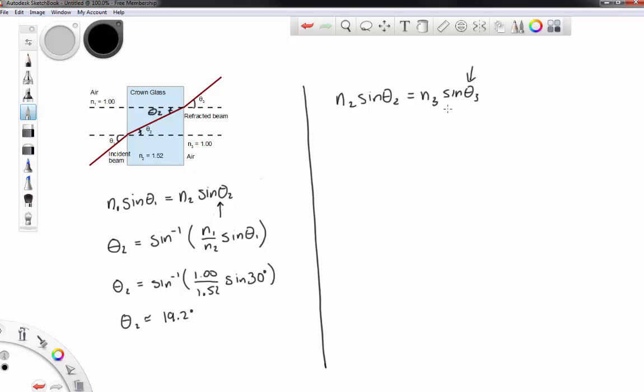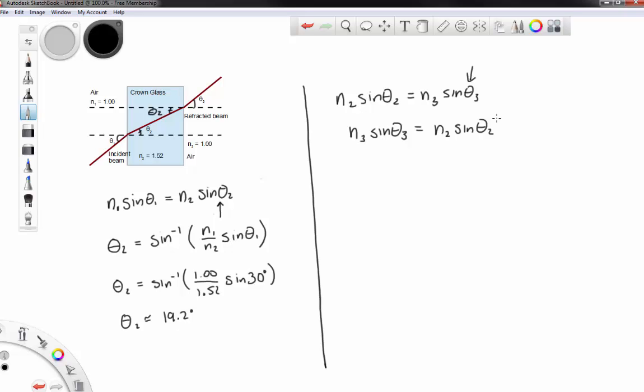So you subtract this from both sides, multiply by -1, then add this to both sides, and if you do those 3 steps, you end up with n3 sine of theta 3 is equal to n2 sine of theta 2.